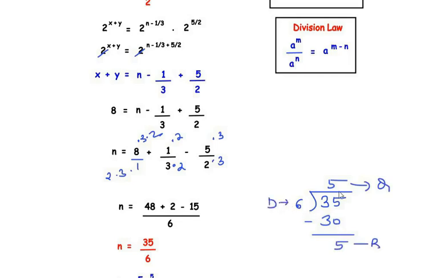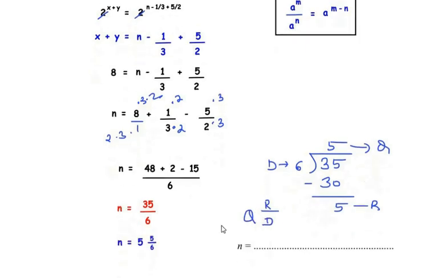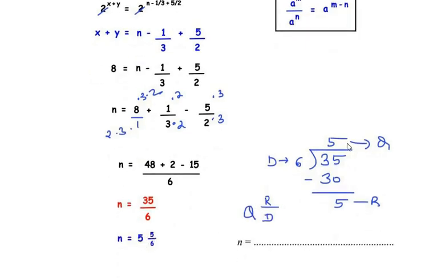So when we are writing a mixed fraction, we are going to write it as quotient, remainder over divisor. So here we have written the quotient is 5, the remainder is 5 divided by the divisor, which is 6. So this is going to be our answer. That is 5 and 5 over 6 is the value of n.